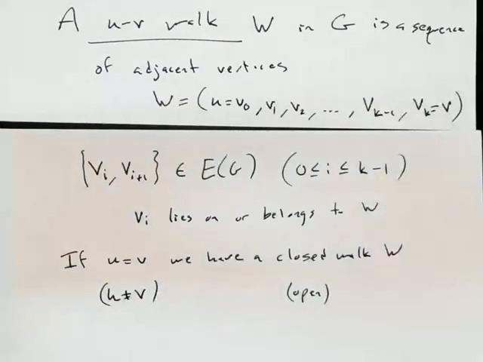That should sound really familiar. Open curves, closed curves. Drawing, we did all of this sort of stuff. The length of the walk is the number of edges, not vertices.